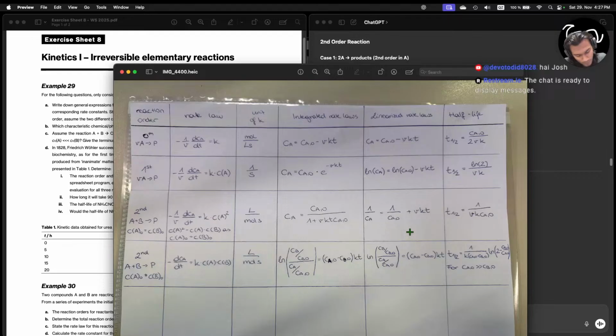Concentration of B, concentration of A, concentration of A0 divided by concentration of B0 equals concentration of A0 minus concentration of B0 multiplied by KT.